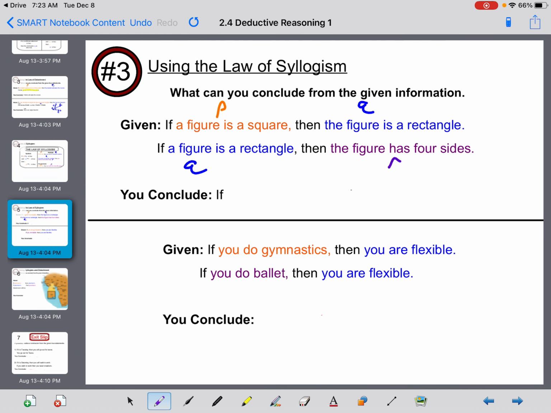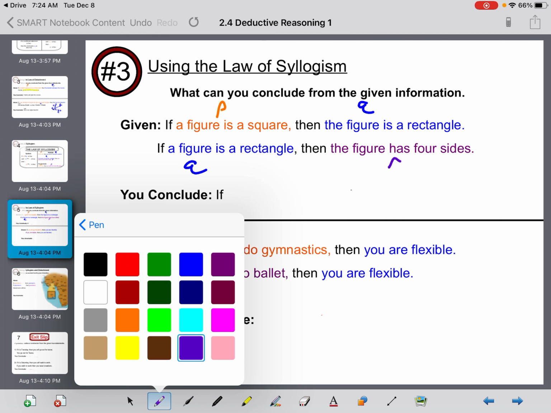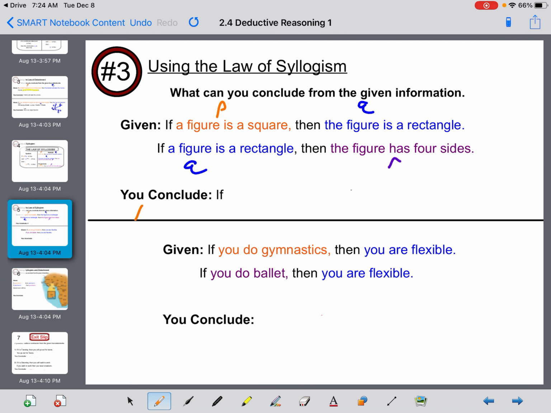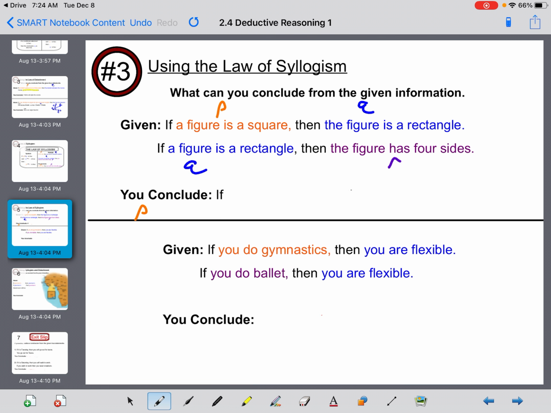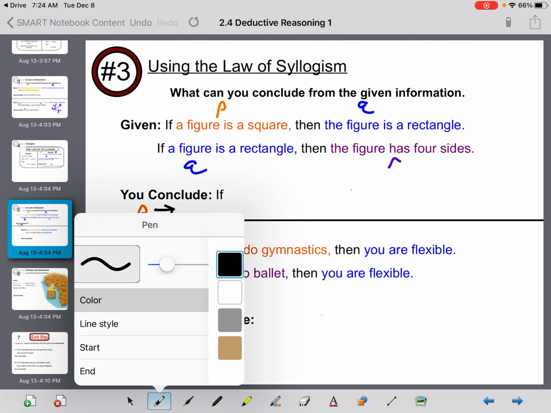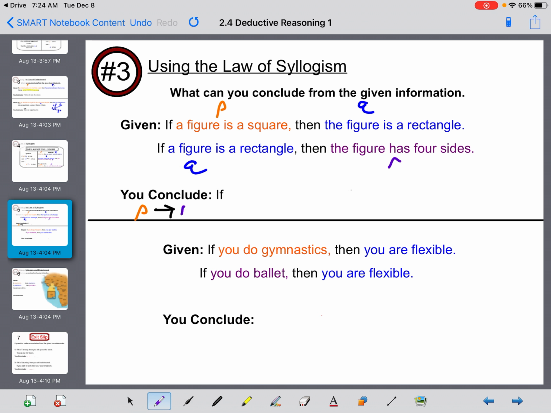So if Q, then R. So then what we can conclude is if P, then R, because that is the law of syllogism. So if the figure is a square, then the figure has 4 sides.